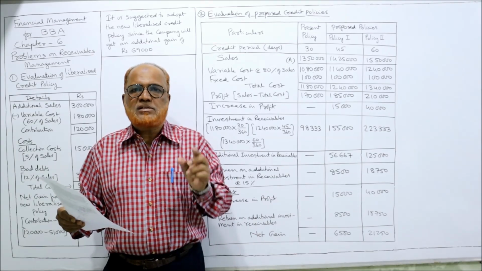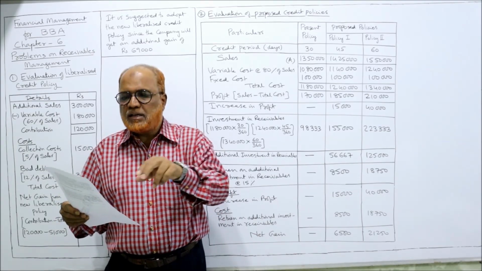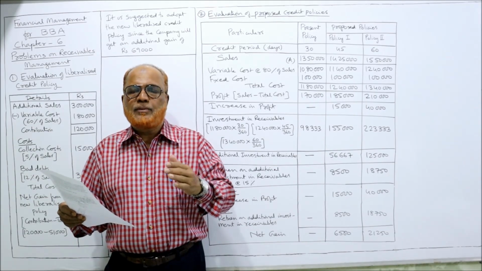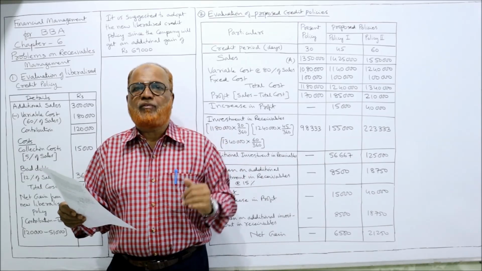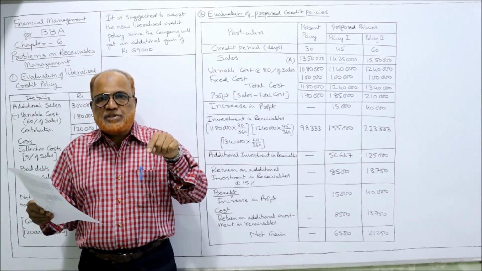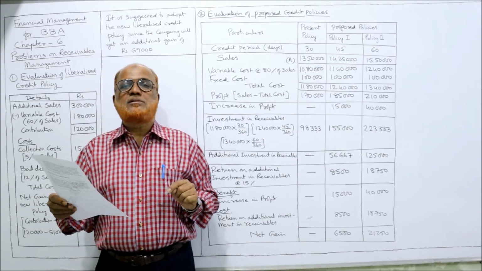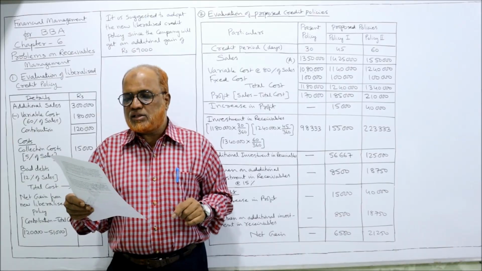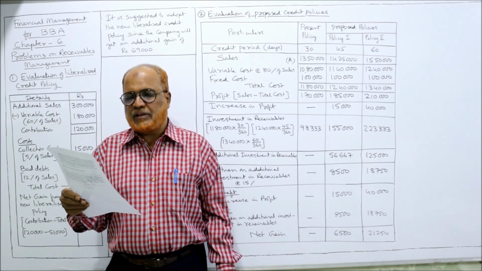Now, present policy is 30 days and present sales are 13,50,000. Policy 1, if we adopt it, the credit period will be 45 days and the sales will be 14,25,000. If we adopt the second proposed policy, we allow a 60 days period and the total sales will be 15,50,000.